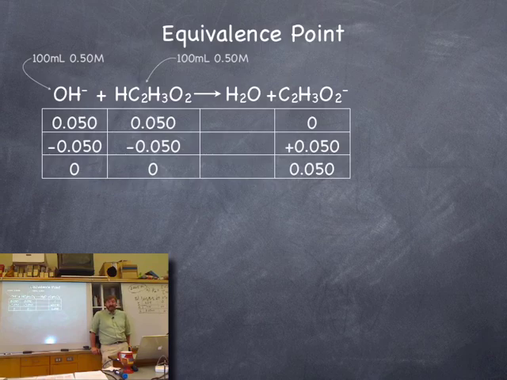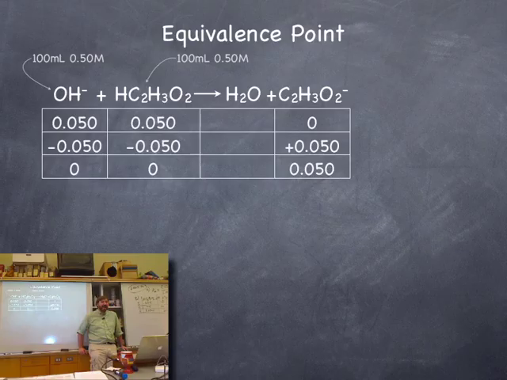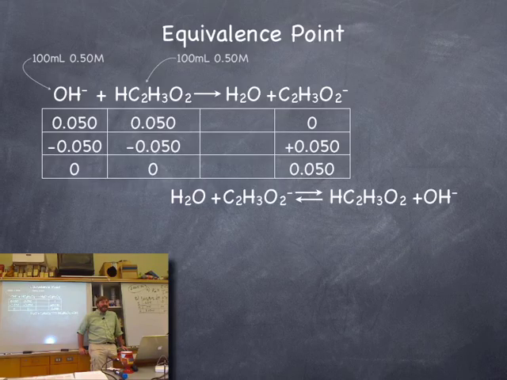It doesn't completely react, but it's a base. Yeah, it's a weak base. So the conjugate of a weak acid is a base. It will function as a base. We should do this as a Kb equation. And Kb is when we have the weak base reacting with water to produce the conjugate acid and hydroxide ions.